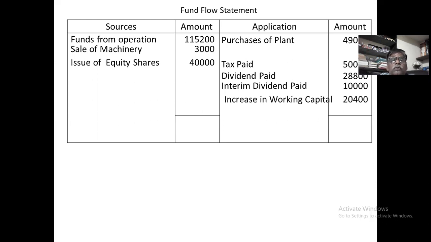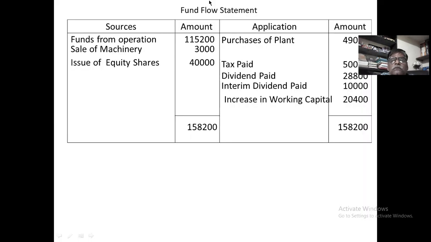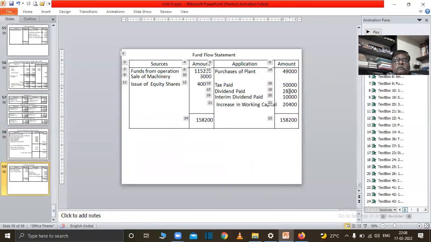Okay, 20,400. And one more item I left. What is that? Nothing is there. You write the total.